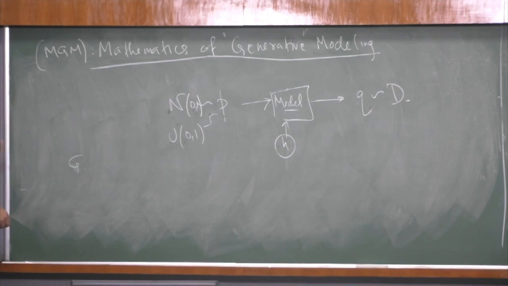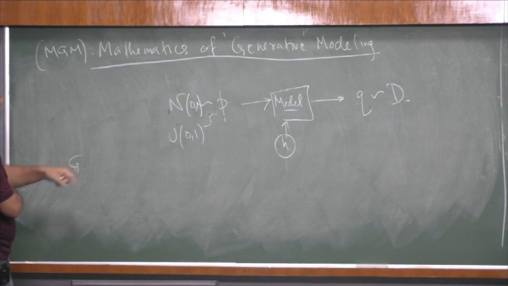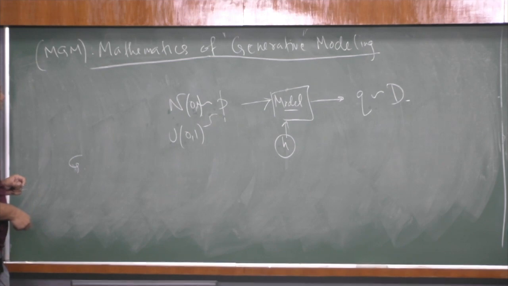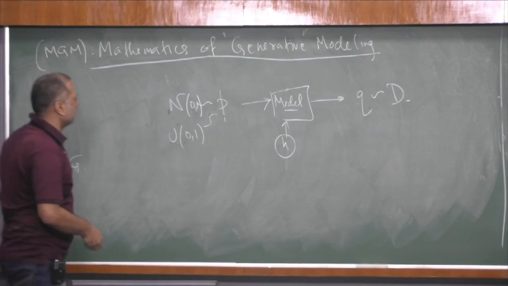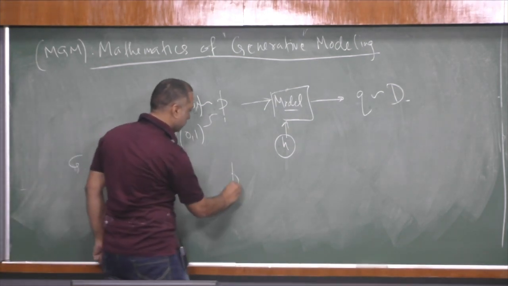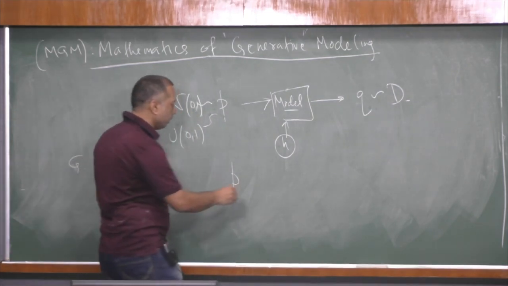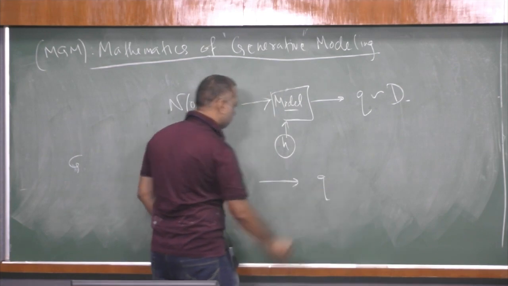The whole course is about generative modeling, and in some sense you can say this whole course is about how well I know, given a probability distribution, how to transform it into something new.